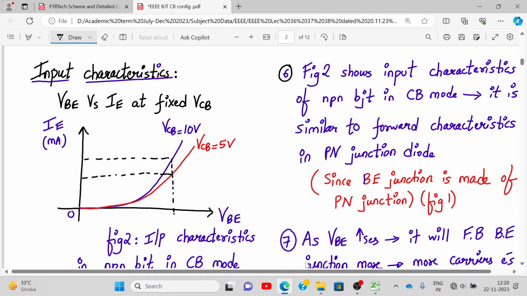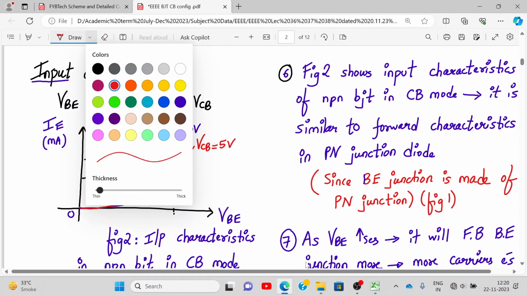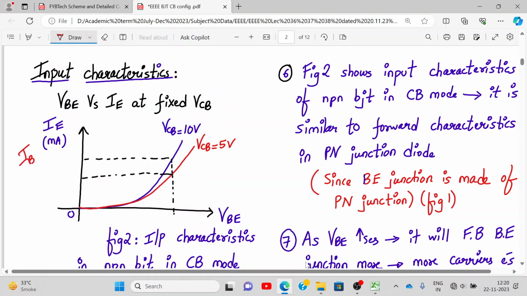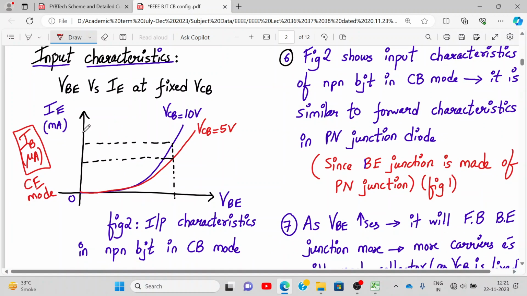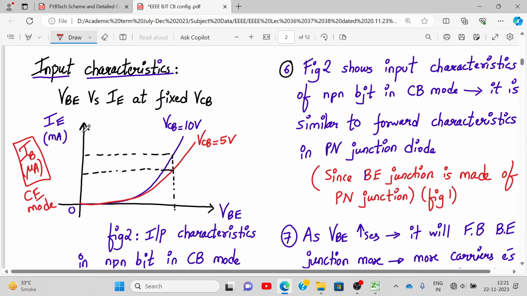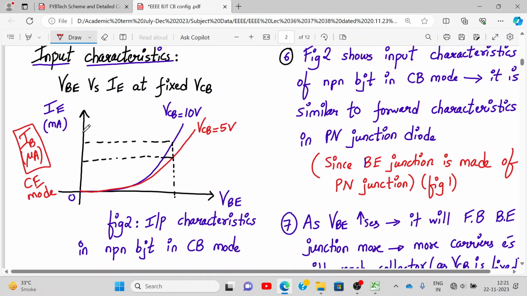Correct? In common emitter, the x-axis was the same. What was the y-axis in common emitter? IB. Yes or no? And that was in microamperes. This was in common emitter mode. But now in common base, it is emitter current. Which characteristics does it resemble? We have input as base and emitter, no?